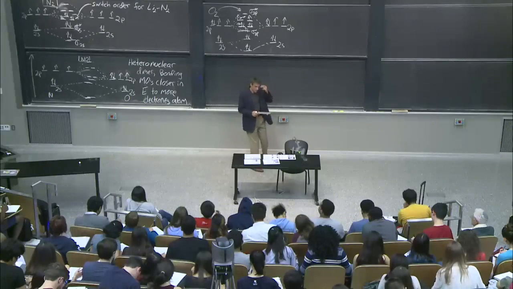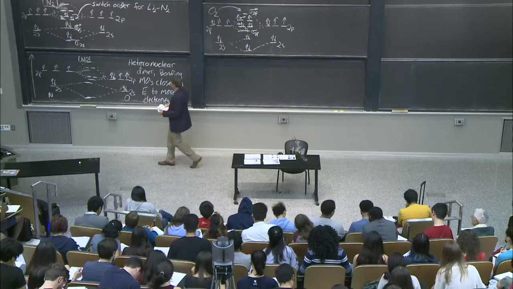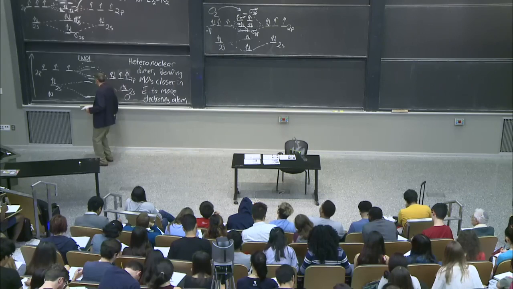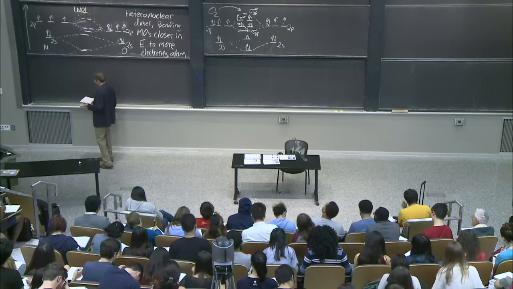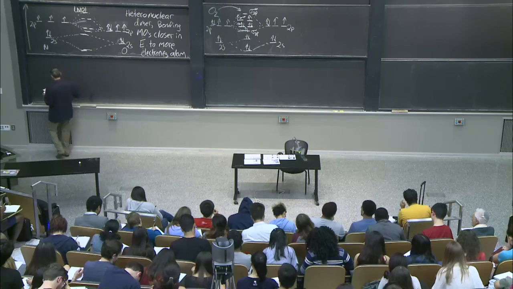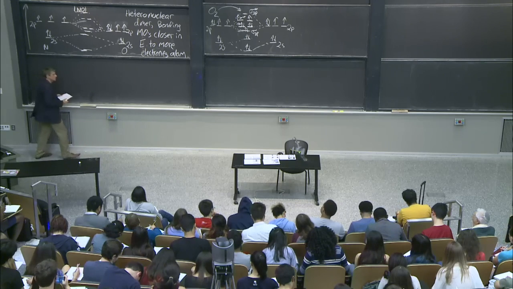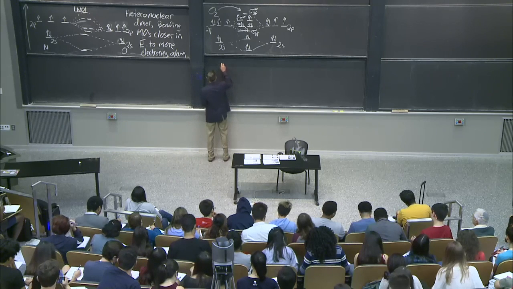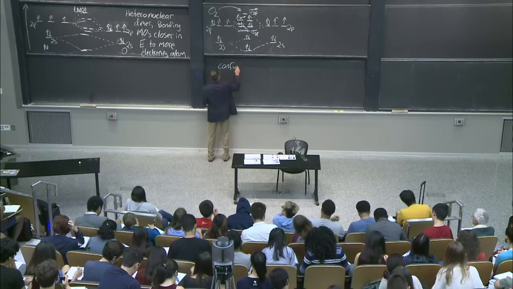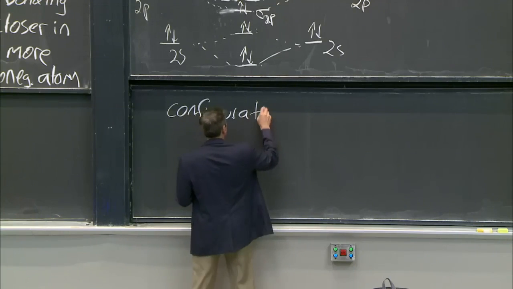So now, by the way, for NO, let's talk about MO for a second, because there's another thing that's important that we talk about, which is bond order. And electron configuration is another thing. So we can write this out.